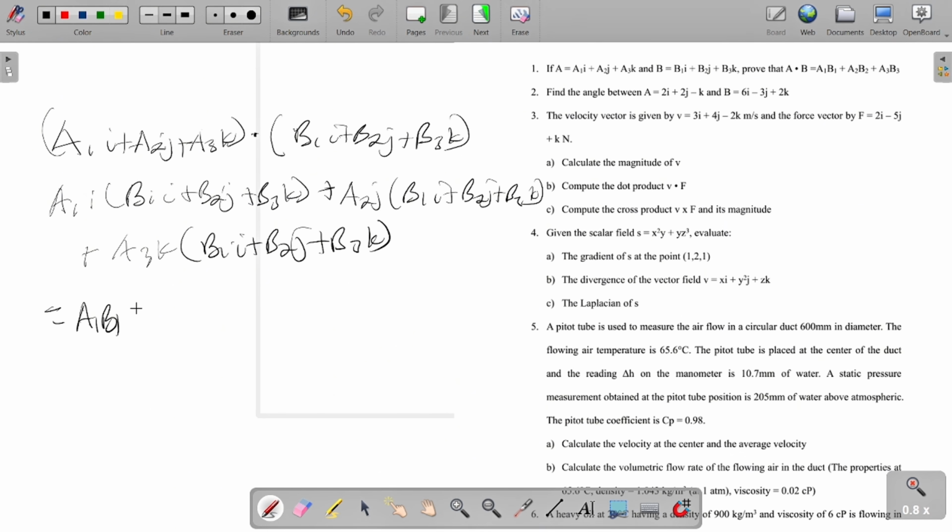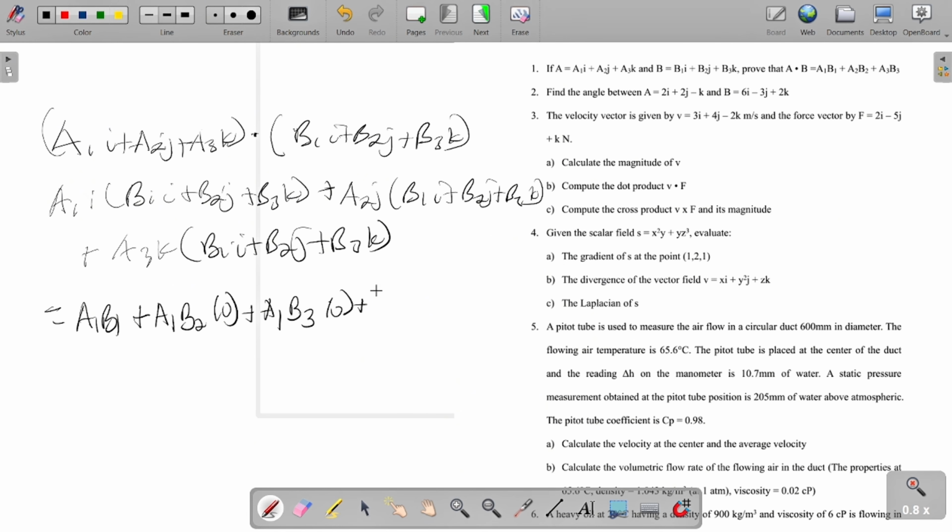So over here, you will end up getting a1 b1, then plus a1 b2 multiplied by 0 because i dot j is 0, plus a1 b3. Then we can see that i dot k also gives us 0.